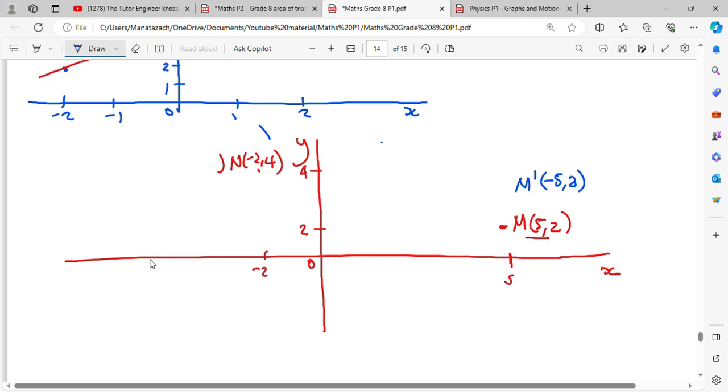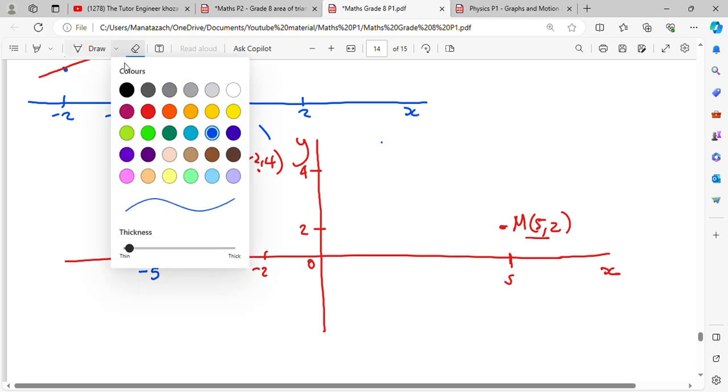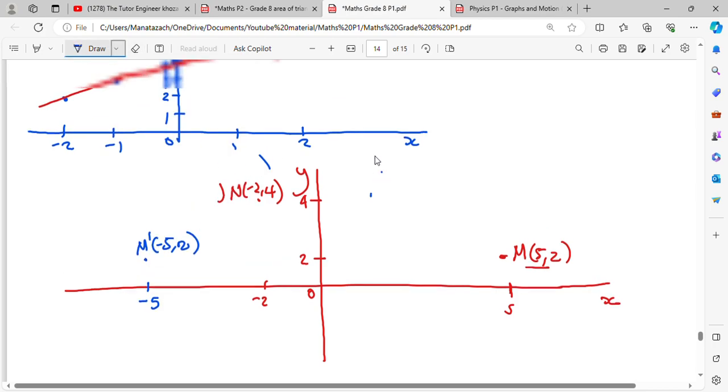So which means M prime is going to be over here, minus 5 and 2. So that's the reflection about the y-axis. Okay, now let's answer the next question.